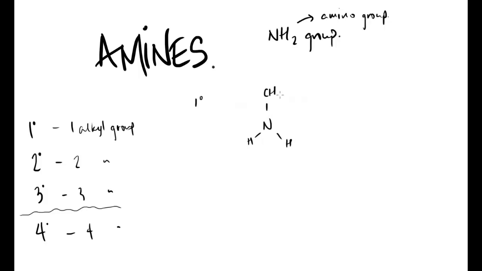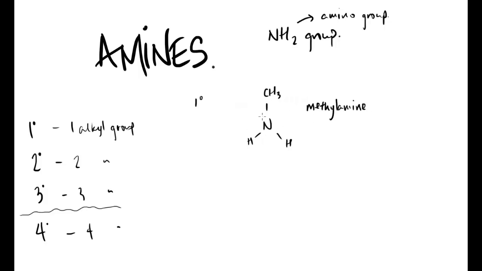Stick a CH3 group on there. That would be named as methylamine. If anyone's seen Breaking Bad, it's methylamine. That is the methylamine they talk about, just said in a slightly different way.